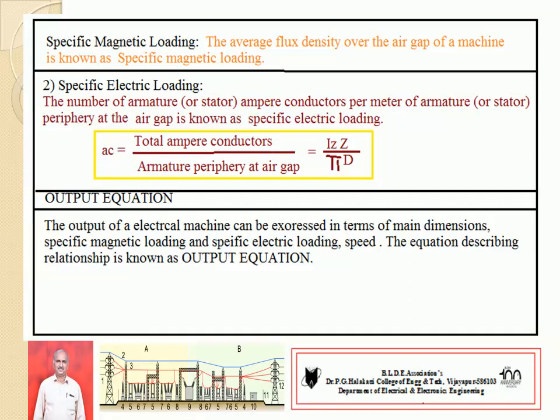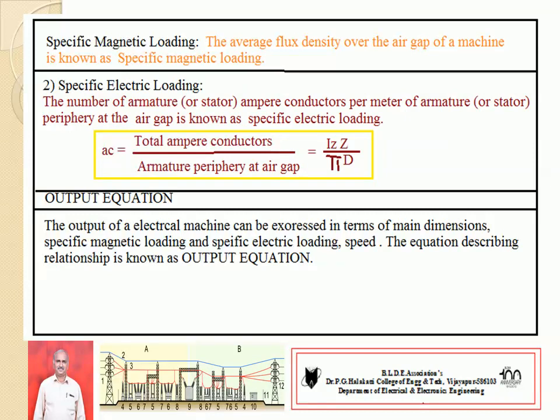All these factors are directly proportional. In the same manner, the output equation of electrical machines means the relation of output, either P or Q, where P means kilowatt and Q means kVA.